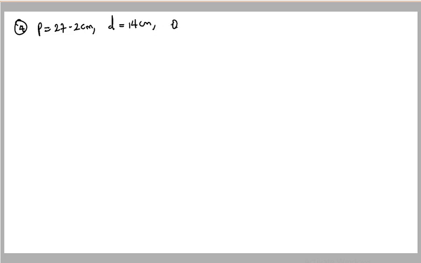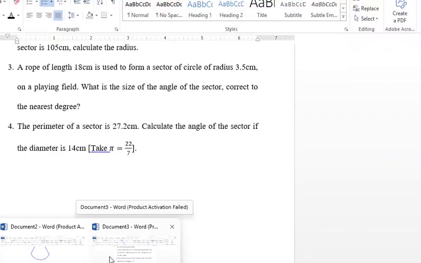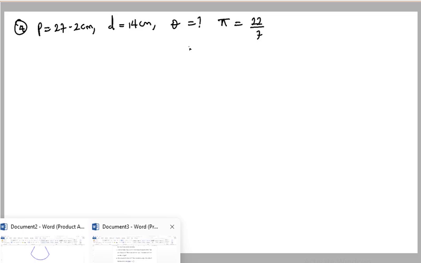So we have to find the angle, and this time around we're given pi as 22 over 7. So how do we solve this problem here? It's exactly the same process as we did in question 3.